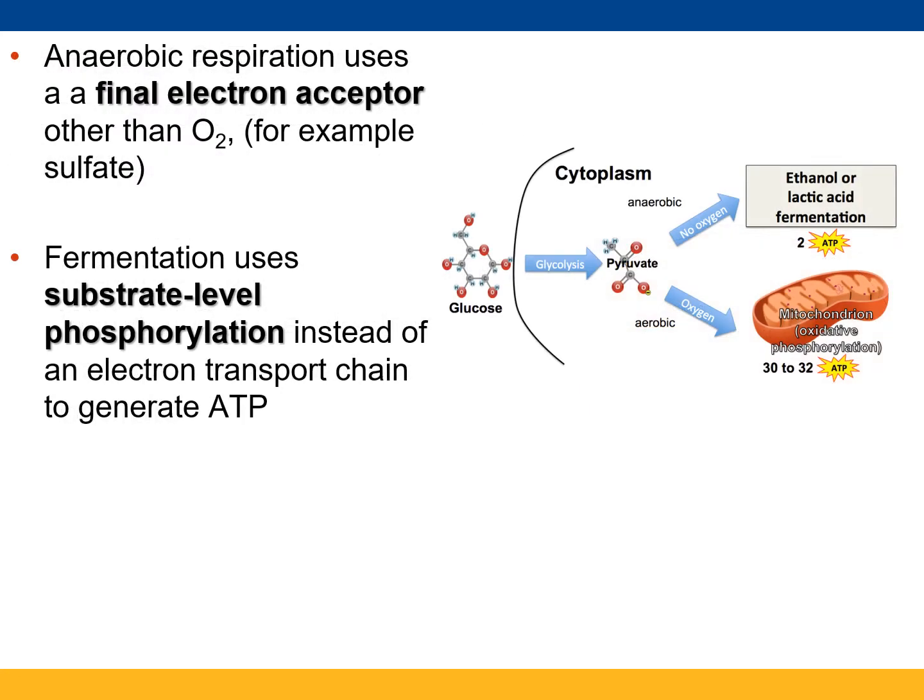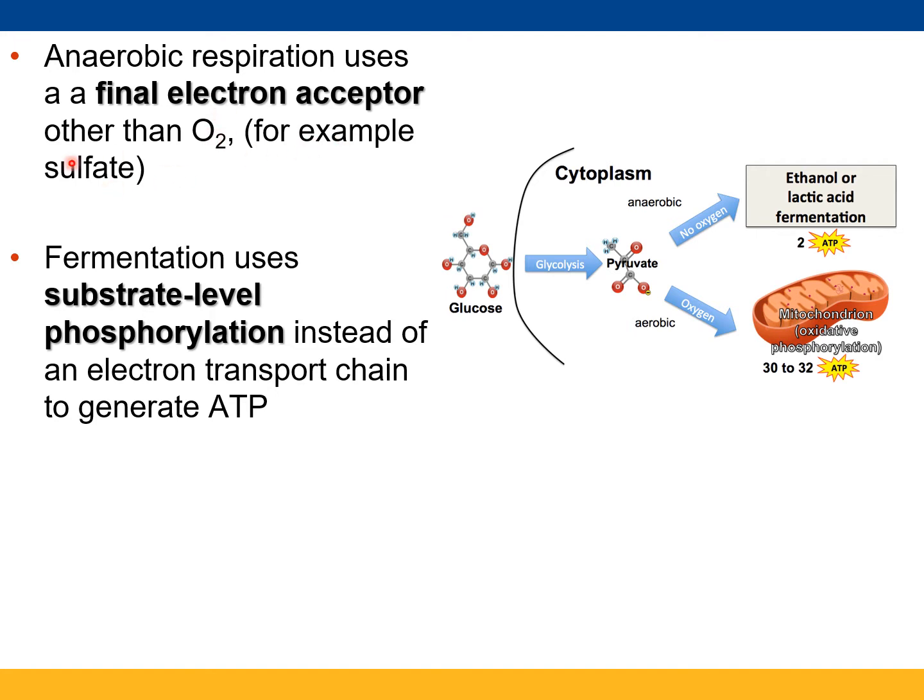To this point, we've talked about aerobic and anaerobic situations. There is a little bit of an aside, and I just want to bring this up, that there are forms of anaerobic respiration outside of fermentation, which can use other electron acceptors.